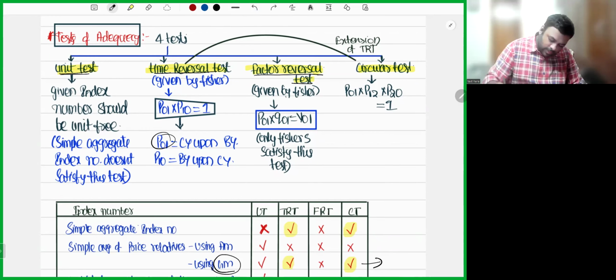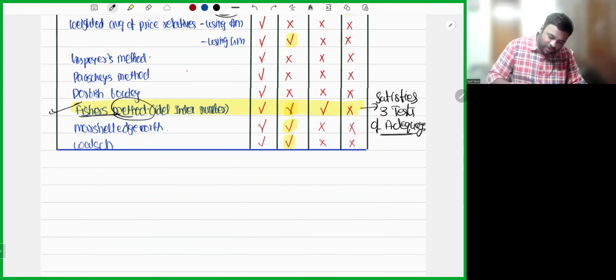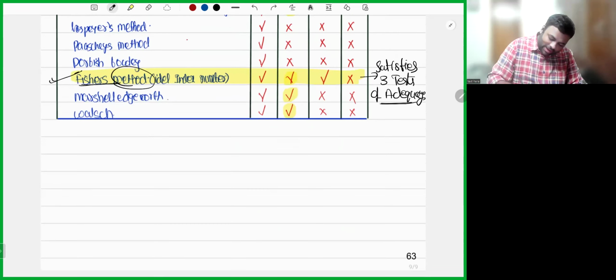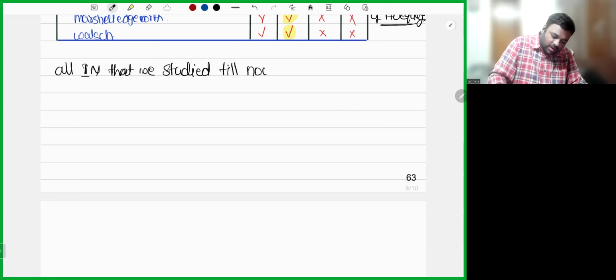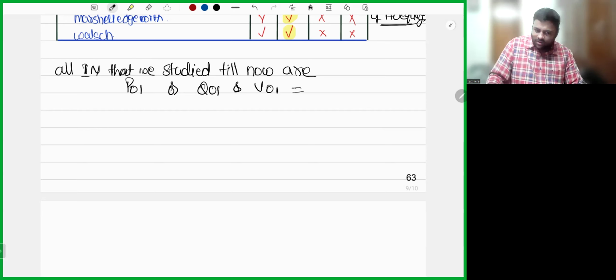Now, if you see, my dear friends, all the index numbers that we have calculated and studied till now are P01 or Q01 or V01. These are the index numbers we have studied.